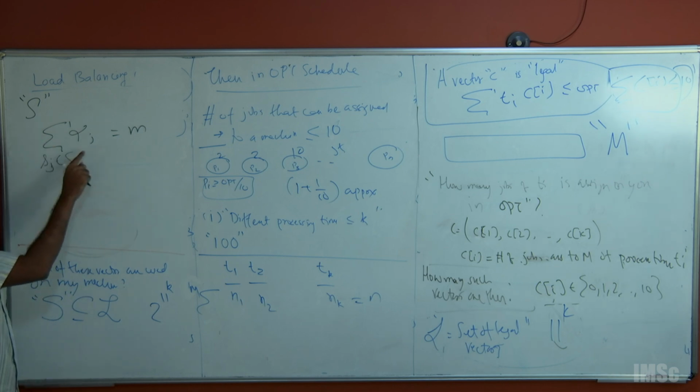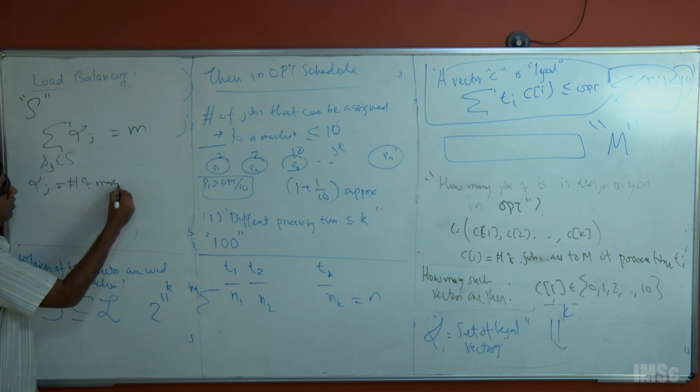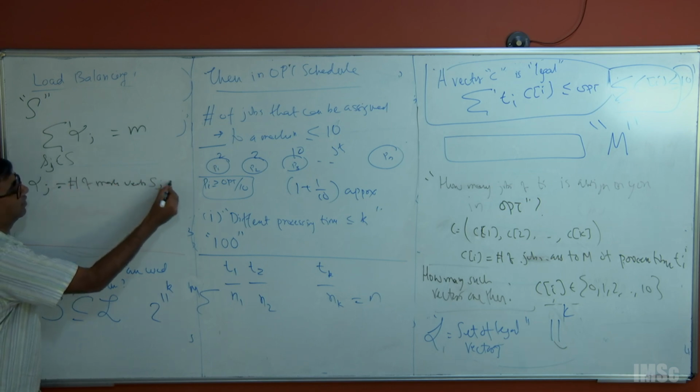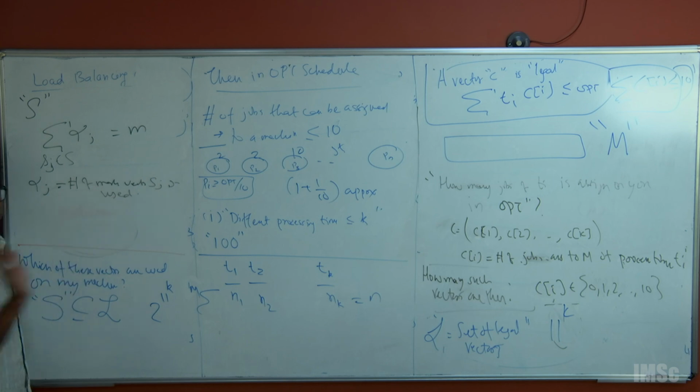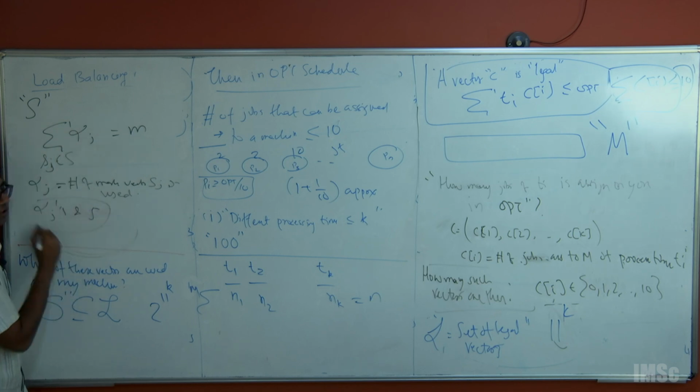This particular vector Sj is used on alpha j machines. So what is alpha j? It is the number of machines on which vector Sj is used. If I told you the alpha j's and S, can you solve your problem in polynomial time?